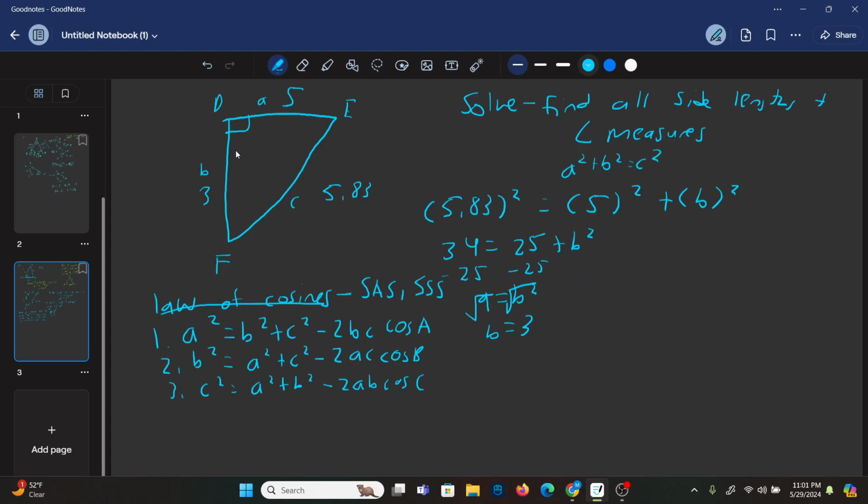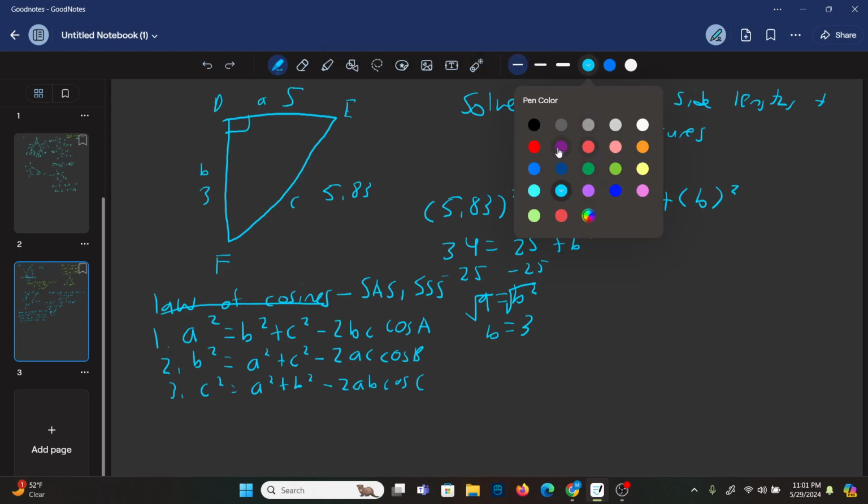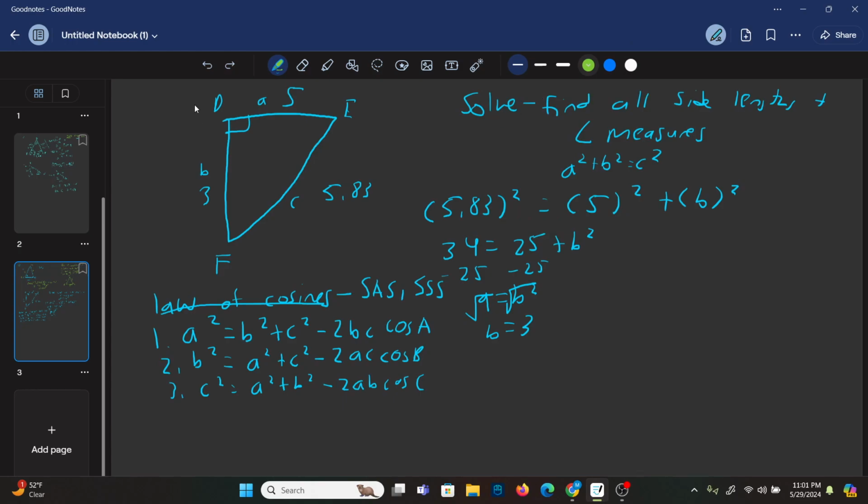First, we can just rename this triangle because we just can. So let's just rename this. I'm going to do it in a different color and then keep using the same color. What is this? So A, B, and C. If you rename it, make sure that they're in the right order.